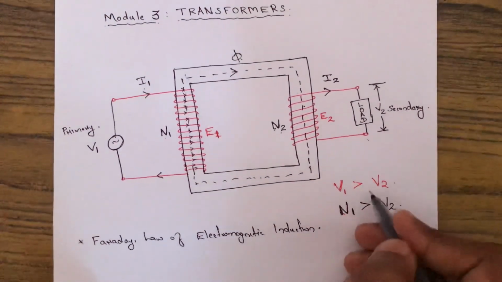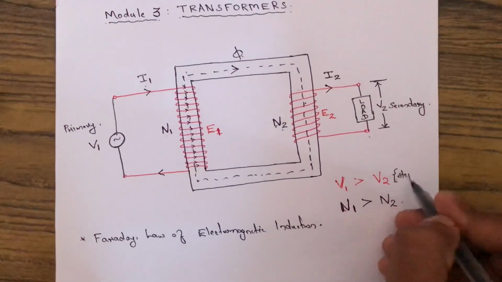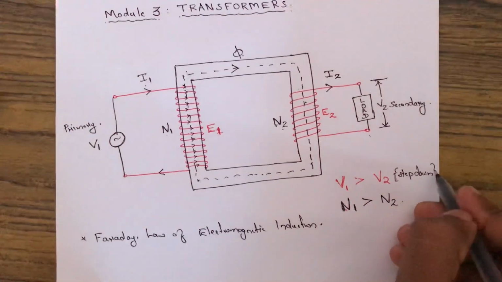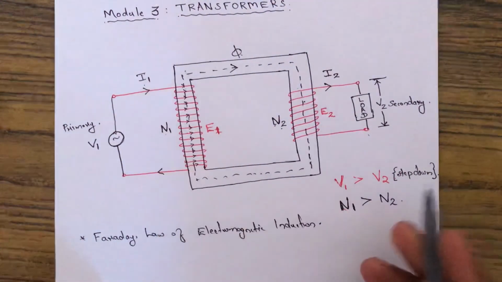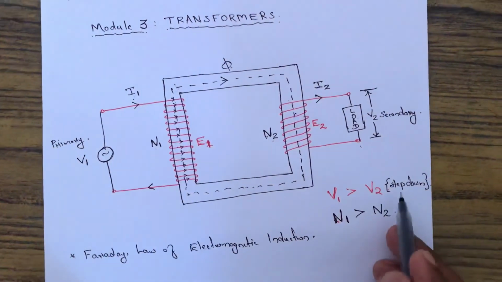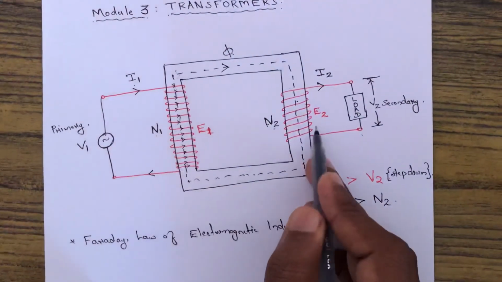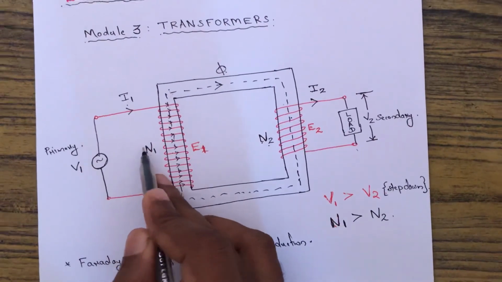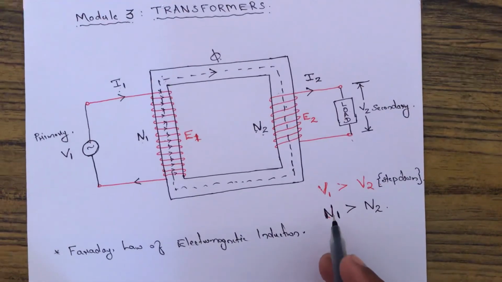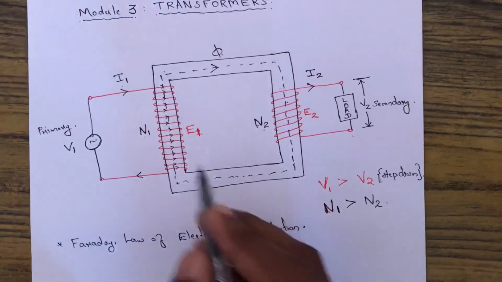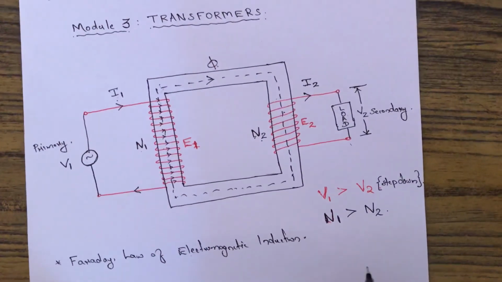Therefore this is a step down transformer. If the number of turns in the secondary side is more than the primary side, then it will be a step up transformer. That is, we can raise the level of voltage from one level to another. Here we are stepping down the voltage from one level to another. So transformers are mainly used in applications where we have to raise or lower the level of AC voltage.